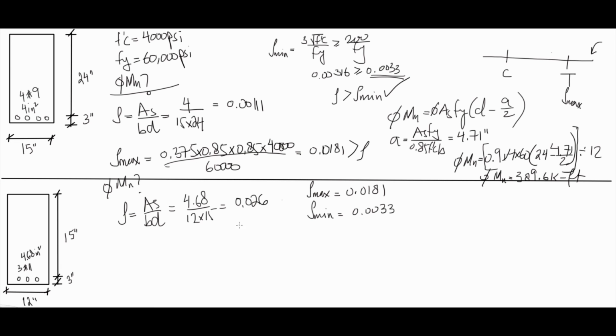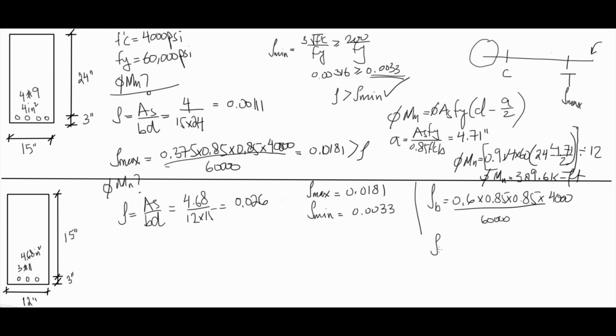Now, in which zone are we? Rho is even bigger than rho max, way bigger than rho max. So we are either in the compression zone, or we are in the transition zone, right? So let's compute the rho balanced. Rho balanced is the limit for the compression zone. What's rho balanced? Rho balanced is 0.6 multiplied by beta, multiplied by 0.85, multiplied by fc prime, divided by fy.